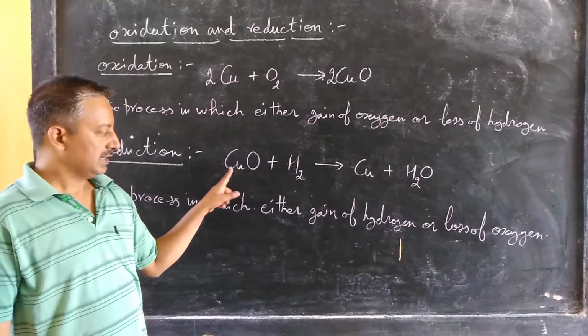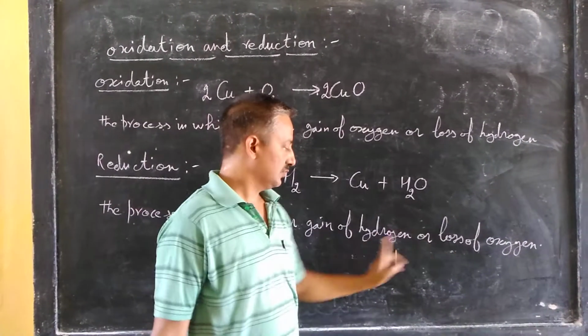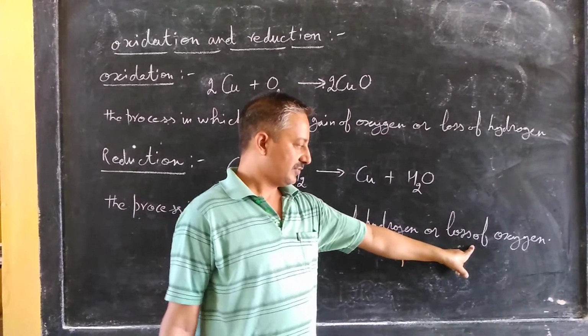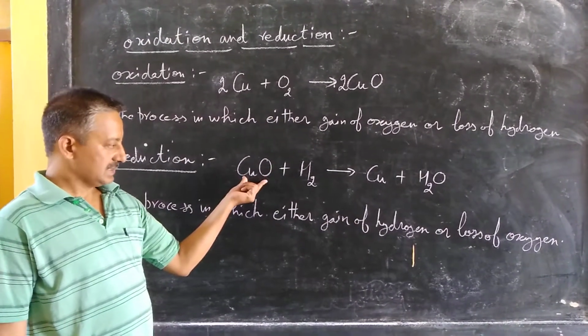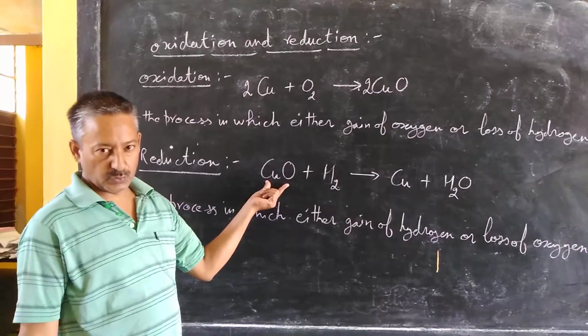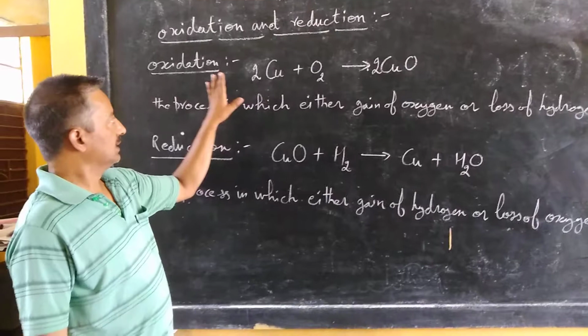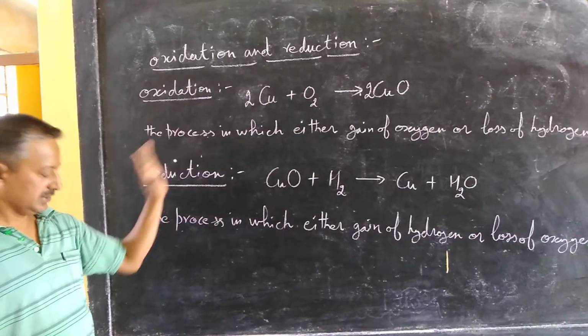So what has happened? There is loss of oxygen. So out of these two, what has occurred? Loss of oxygen has occurred. So we will say this reaction shows reduction of CuO. So this is oxidation and this is reduction. These two are reciprocal to each other.